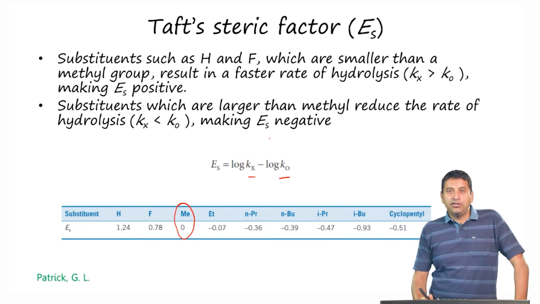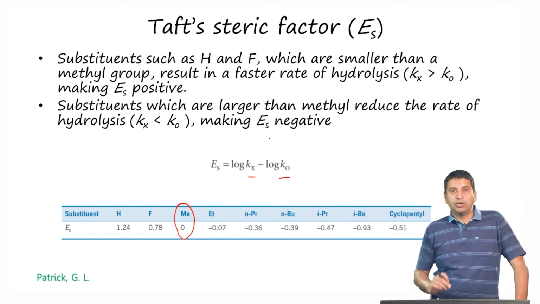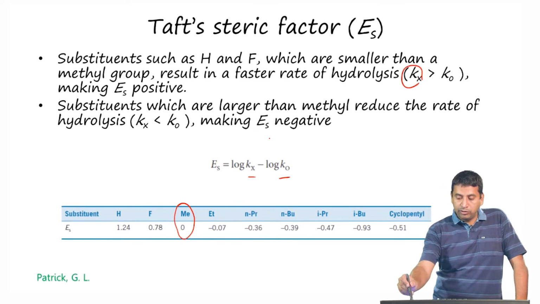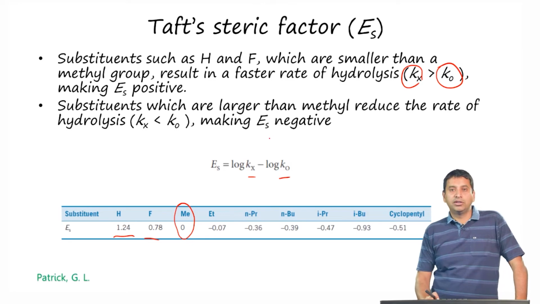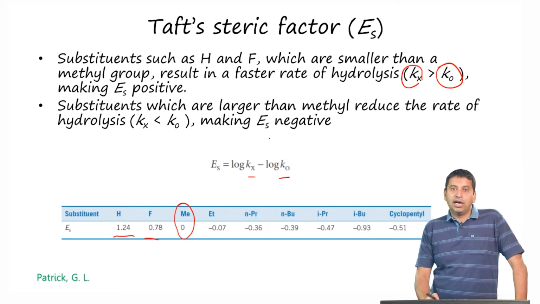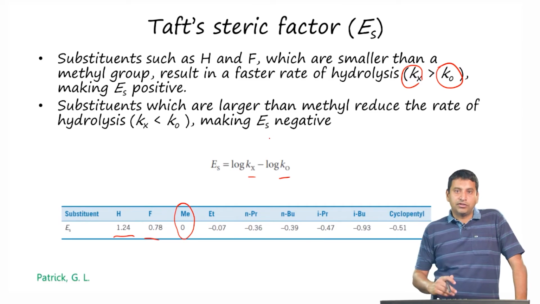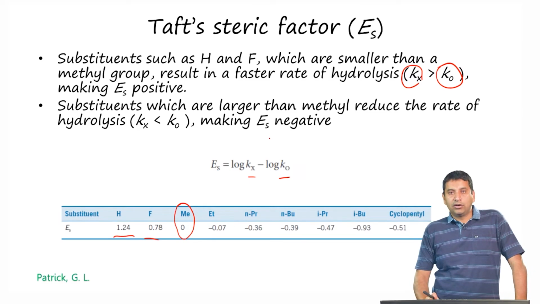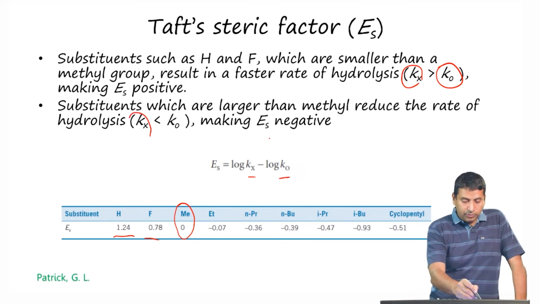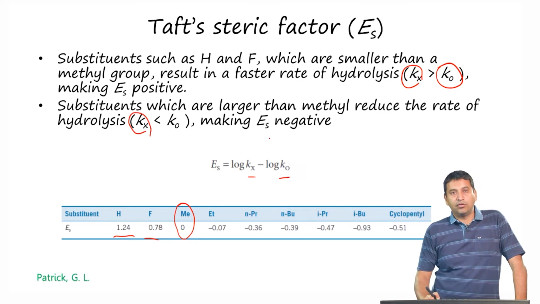Now, hydrogen and fluorine, which are smaller than a methyl group, result in a faster rate of hydrolysis. So, therefore, the Kx will be greater than K0, and therefore, you get positive values for the steric factor. Okay. Similarly, when you have larger groups such as ethyl or n-propyl and so on, the rate of hydrolysis of Kx would be slower than the rate of hydrolysis of the corresponding methyl ester.